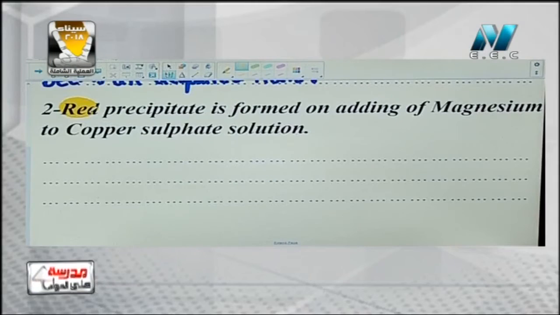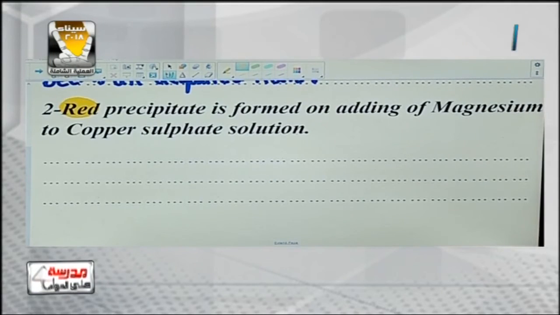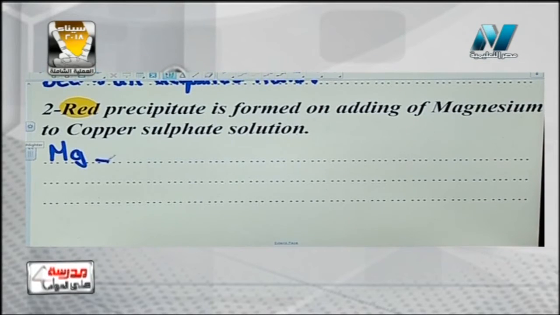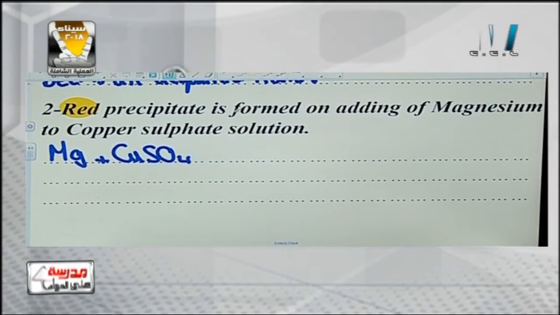نشوفها على المونيتور هنا قدامنا ازاي نقدر نجاوبها by using the chemical equation. So here هكتب طبعا red precipitate, يعني راسب احمر, is formed on adding magnesium to copper sulfate. We should focus on magnesium and copper sulfate. يبقى هكتب له كده Mg plus CuSO4 forming طبعا on the other side the products here.